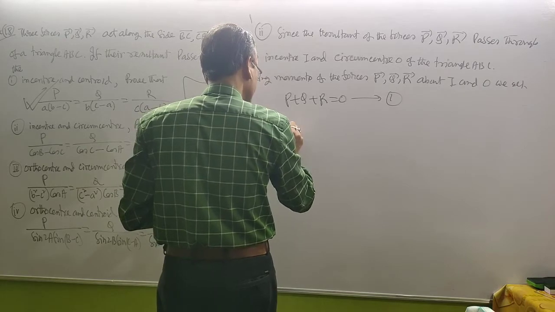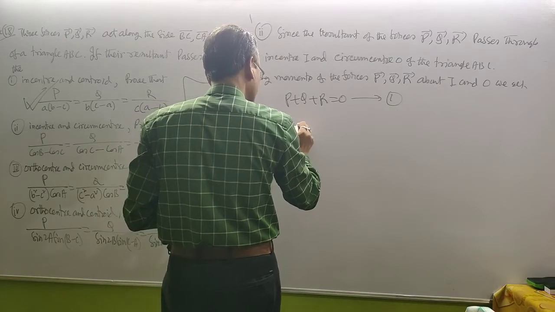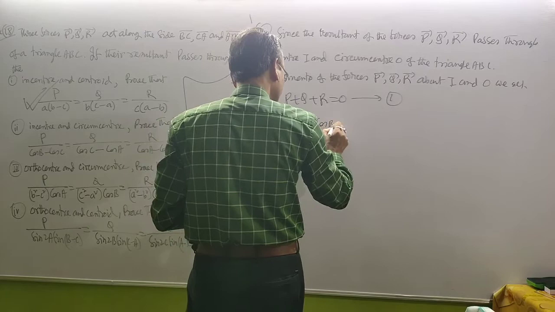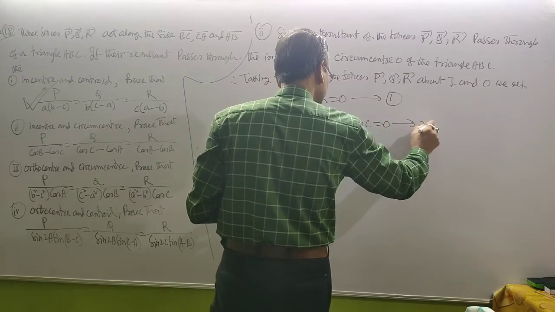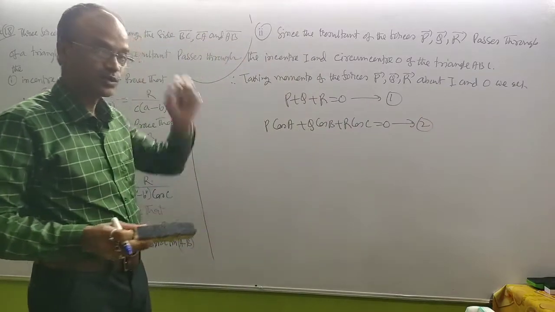Circumcenter: P cos A plus Q cos B plus R cos C equal to 0. We have just proved this.